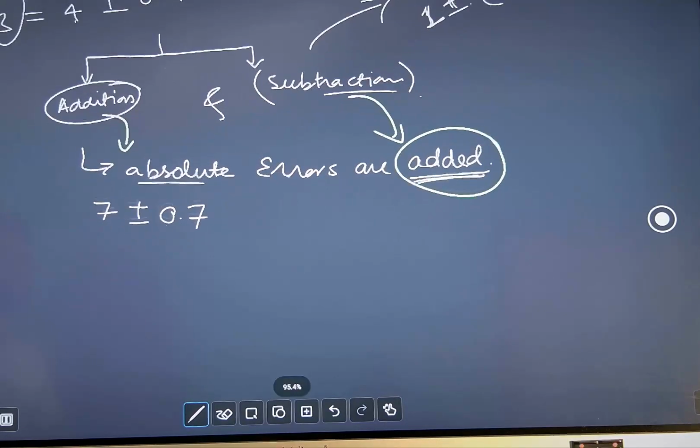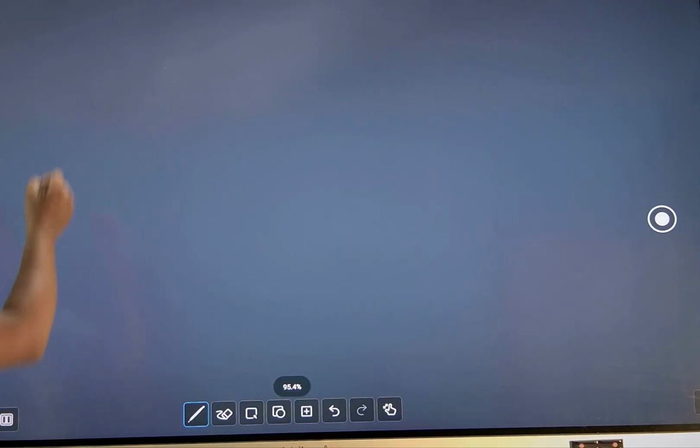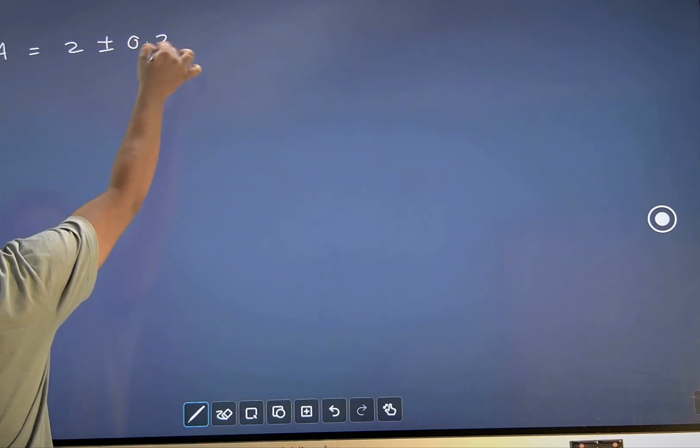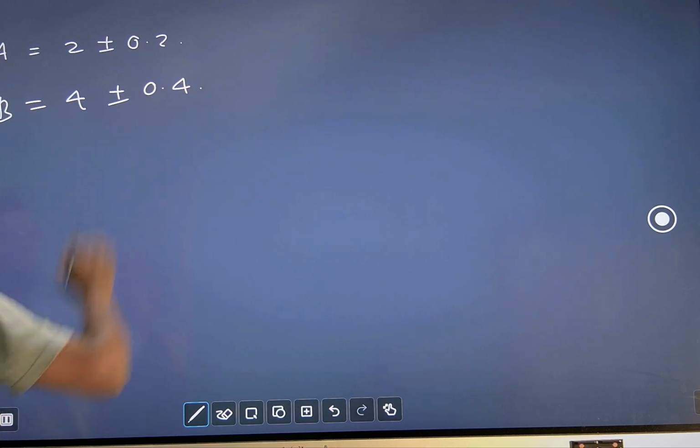Now let's see multiplication and division. Same thing for multiplication and division. Let's say again quantity A is 2 plus minus 0.2, B is 4 plus minus 0.4.